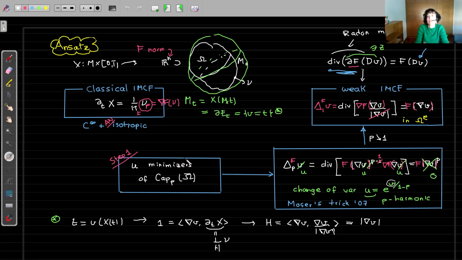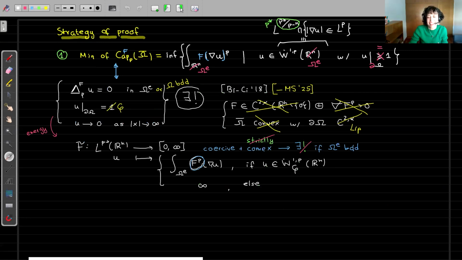So as far as I know, our paper is the first time where the flow of information helps from the inverse mean curvature flow to P harmonic functions and not the other way around. As I find it nice, I wanted to highlight this part. So let me keep with the sketch of the proof.